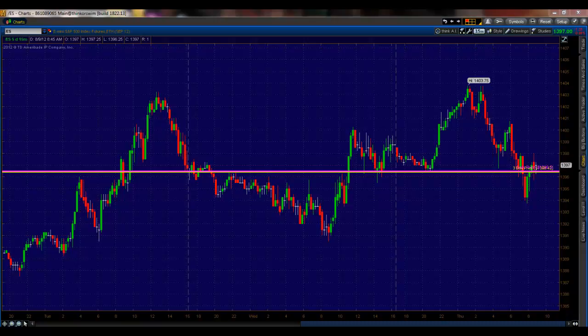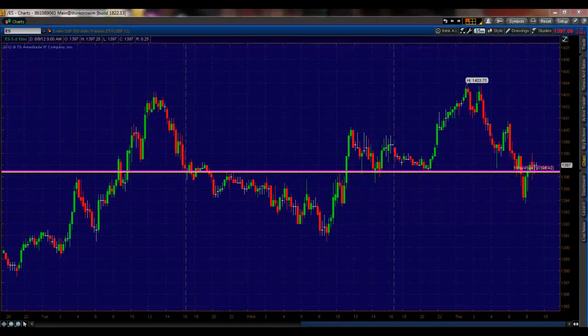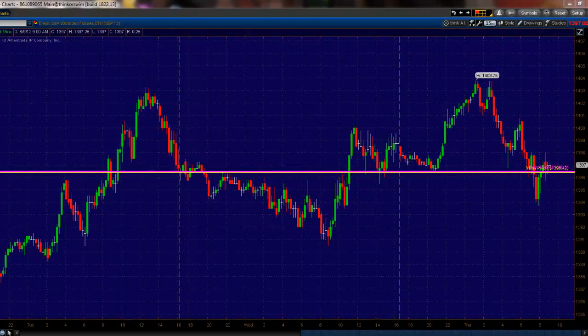What you'll see is you've got the daily pivot at 1396.5, and the 3-day pivot at 1396.42, and that constitutes a pivot zone. And what you tend to see when these two particular pivots come together is they tend to be a magnet for price.